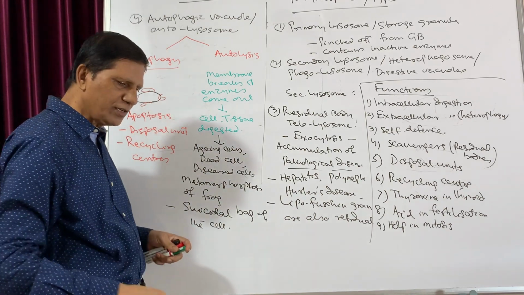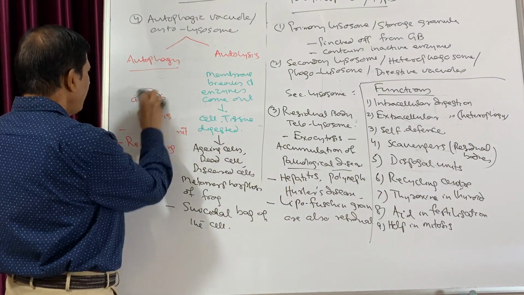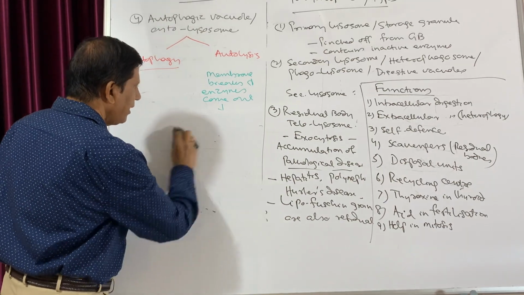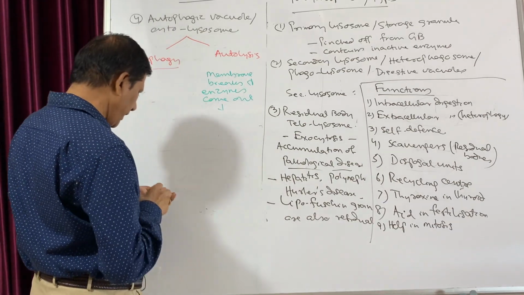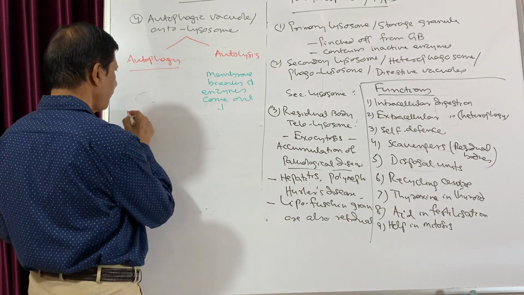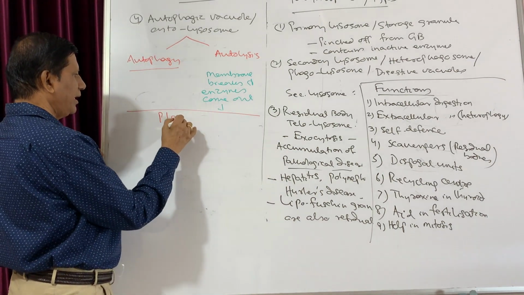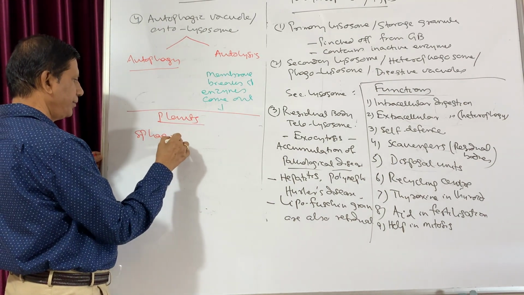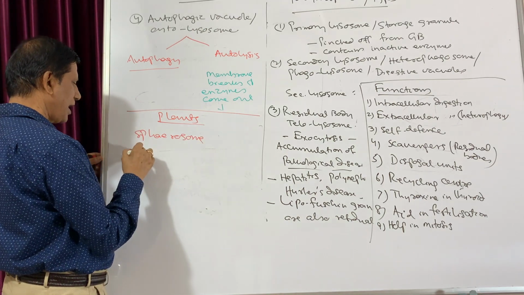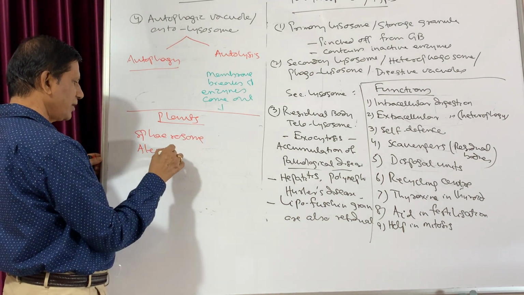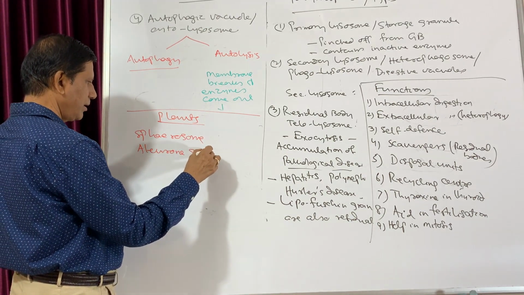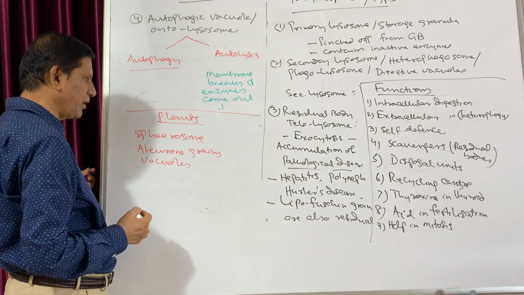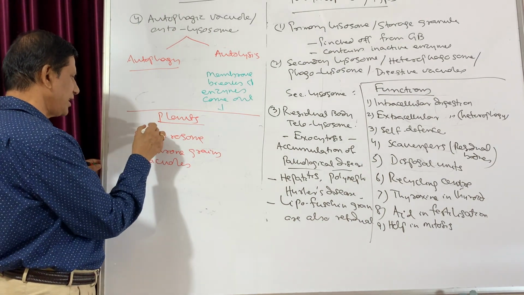In plants, the spherosome, the aleurone grains, and the vacuoles function as the lysosome.